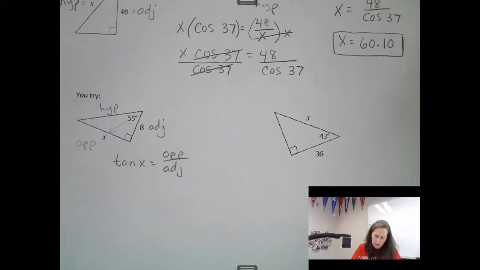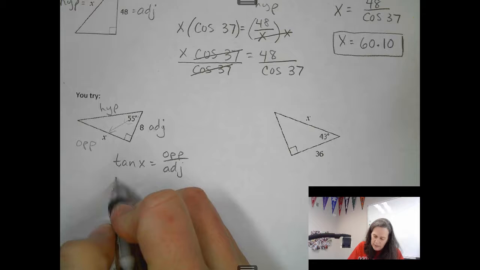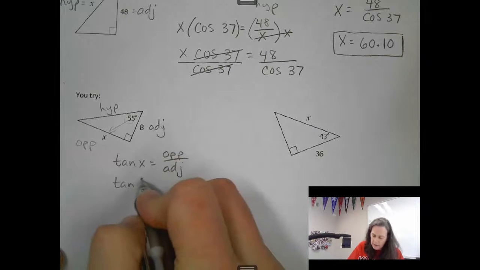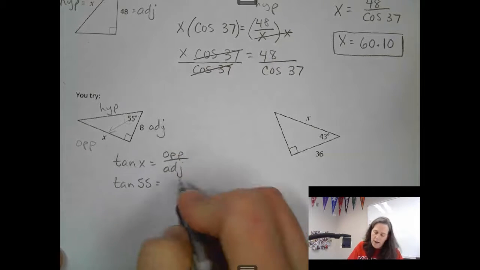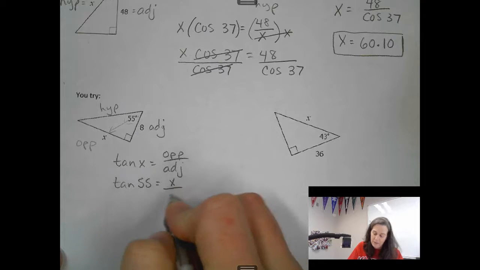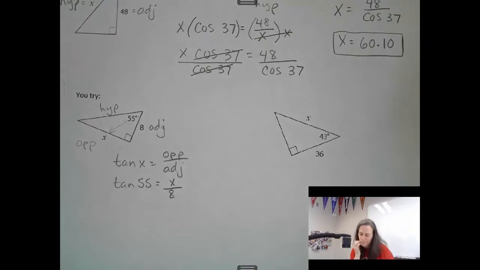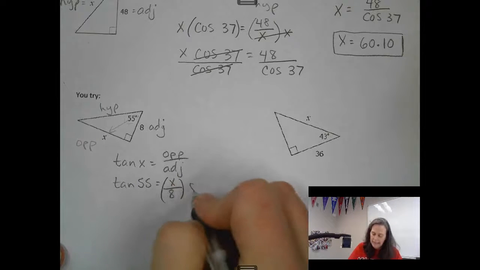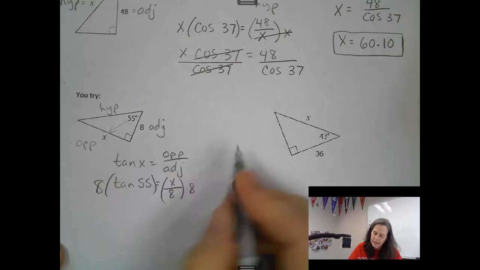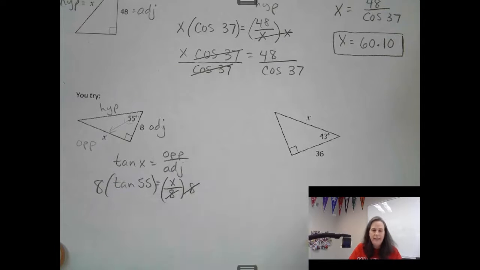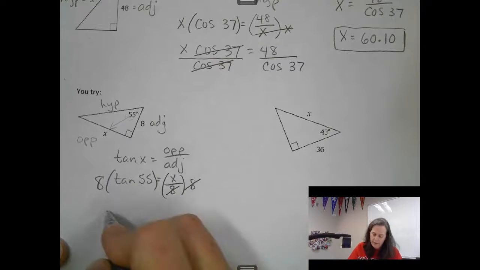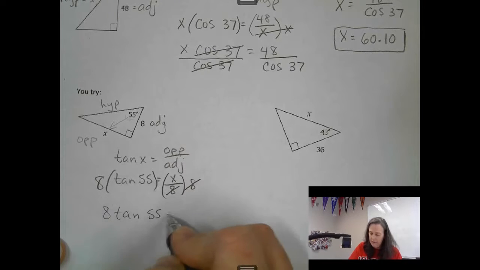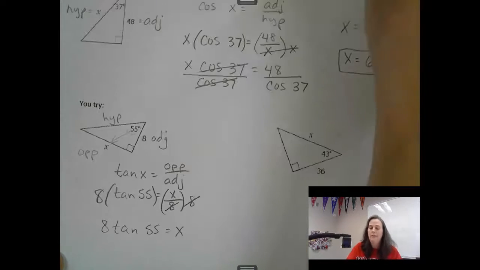TOA. Tangent of 55, opposite is x, adjacent was 8. Okay, awesome. So we want x, let's multiply by 8, multiply by 8, divided by 8, gone.